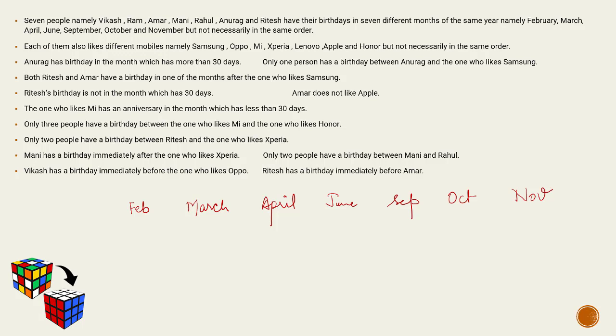February has 28 days, March is 31, April 30, June is again 30, September 30, October 31 and November 30. The 2 parameters to be matched are the name of the person and the mobile brand. Now let's start arranging data.